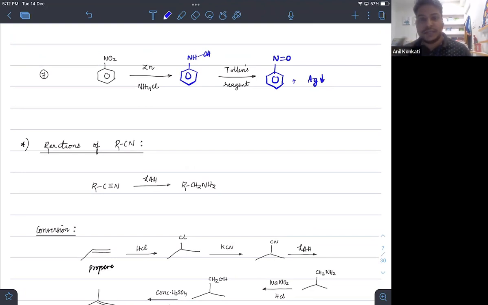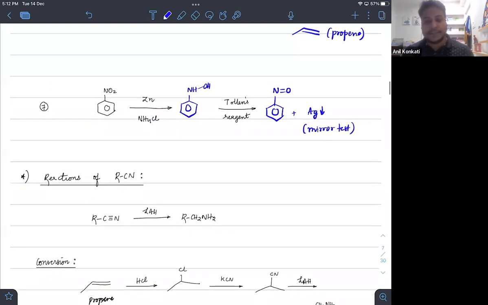Silver will get accumulated on the side walls of the test tube, which we call the mirror test or silver mirror test. Correct.